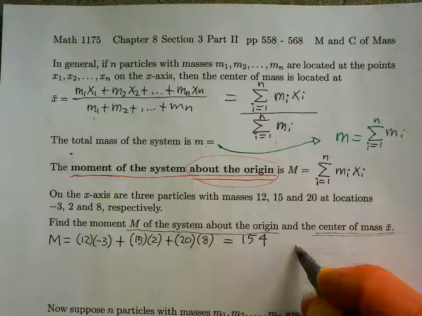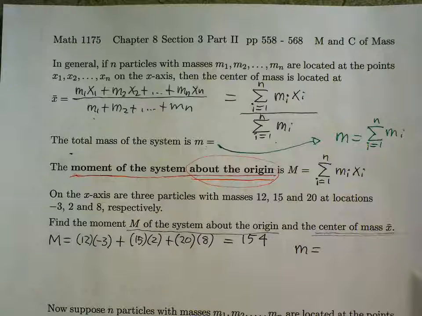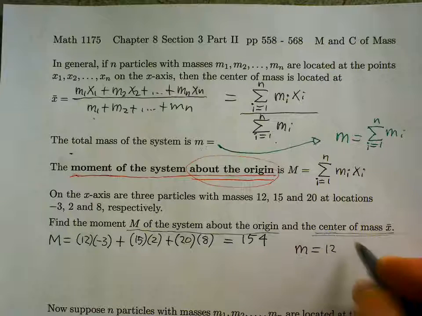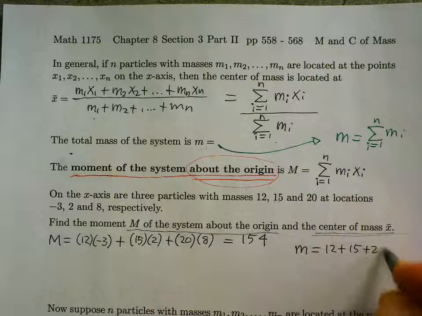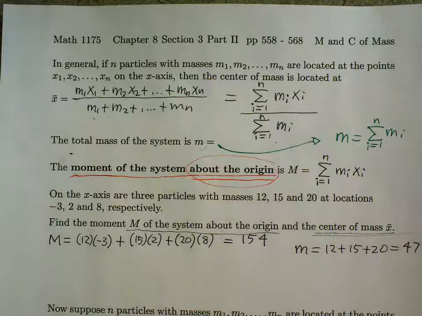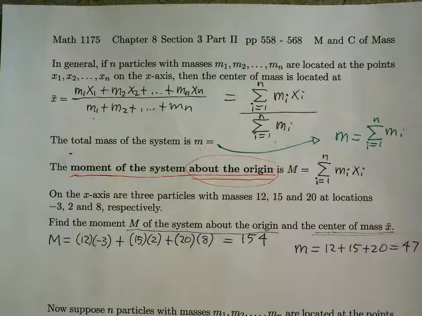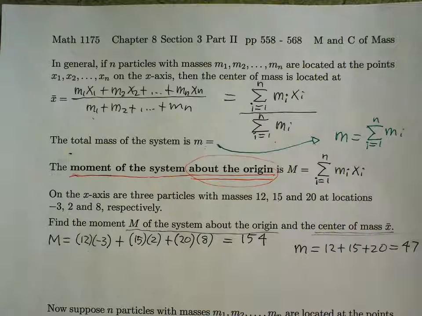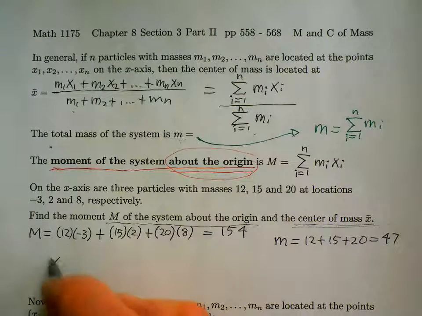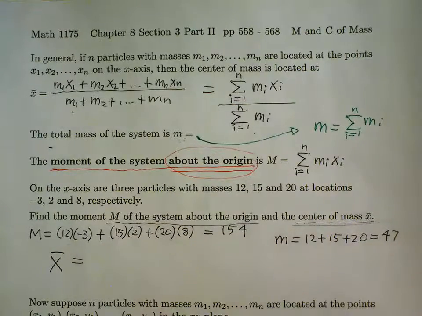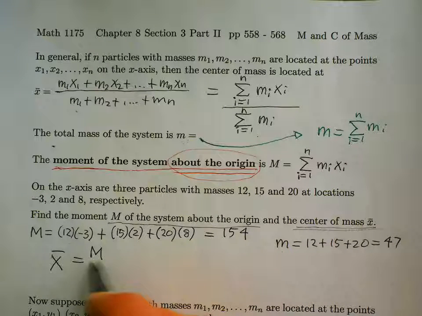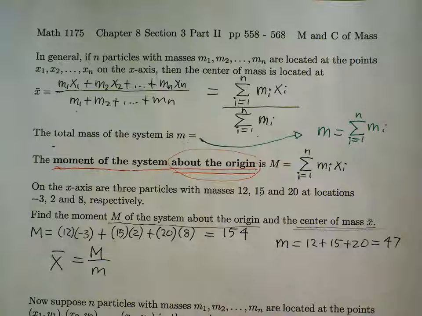And we also want to find the center of mass. But the total mass of the system M, we need to have that in order to find the center of mass. The total mass of the system is the sum of the masses, 12 plus 15 plus 20, which is 47. Okay, so x bar, the center of mass, by definition, is the moment capital M of the system about the origin divided by the total mass of the system.